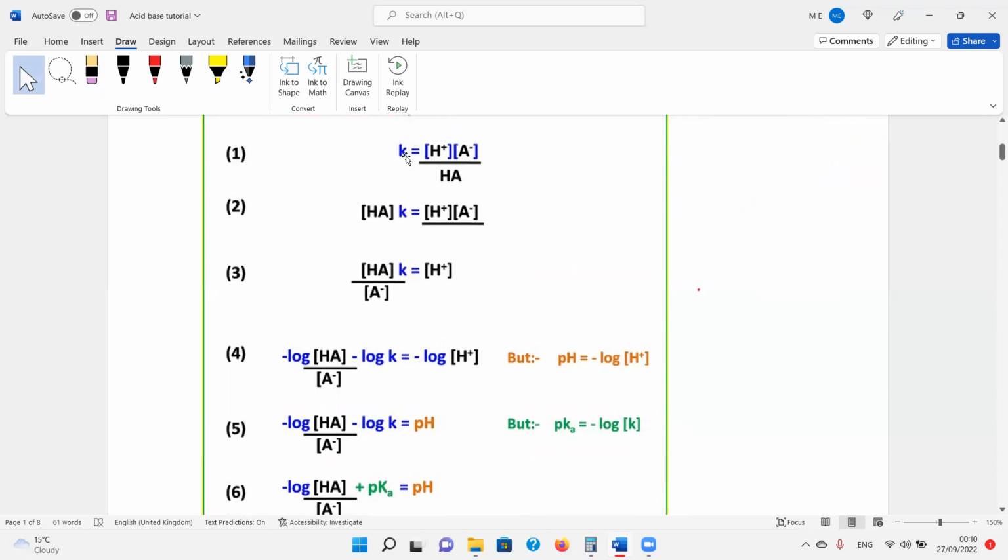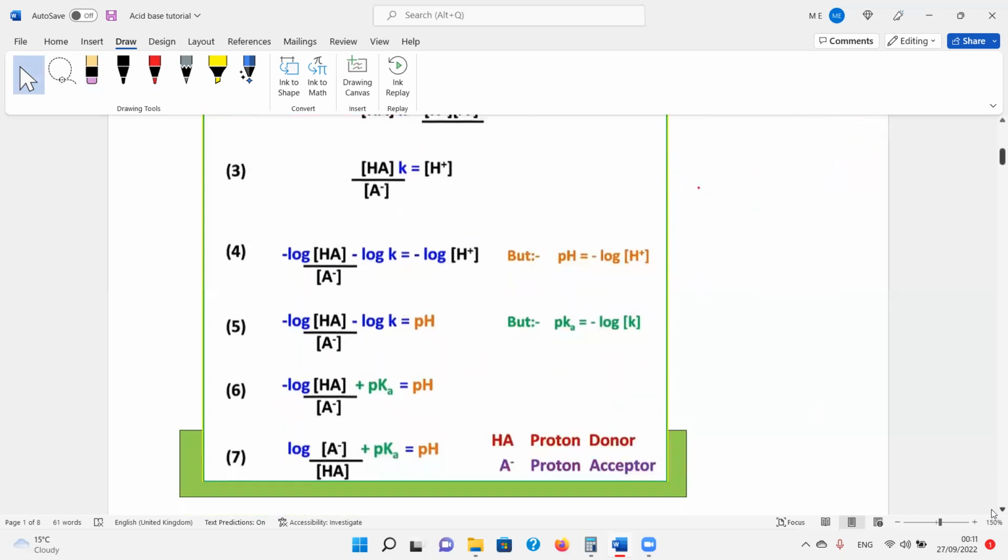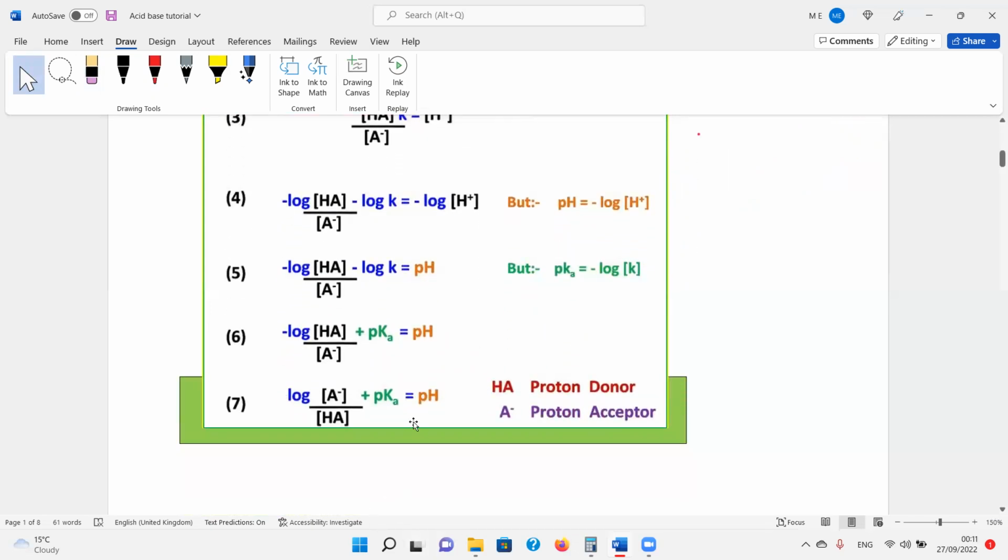So the Ka basically equals the concentration of the products over the reactant. If you rearrange the equation and take the minus log, you will end at the last equation here, and that is pH equals pKa plus the log of A minus over HA. Okay, so this equation is called the Henderson equation, and it's really important.